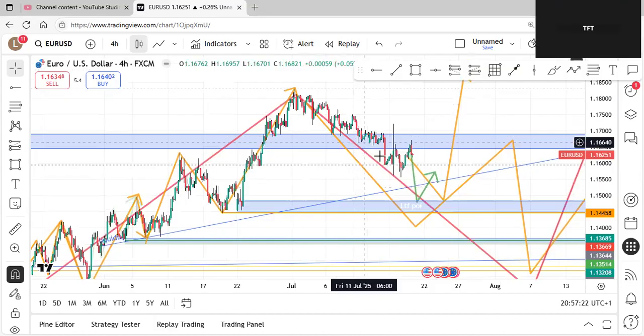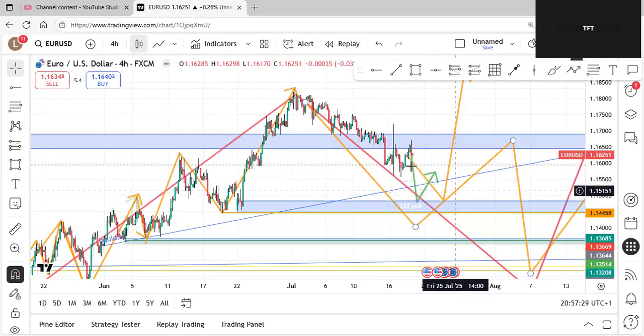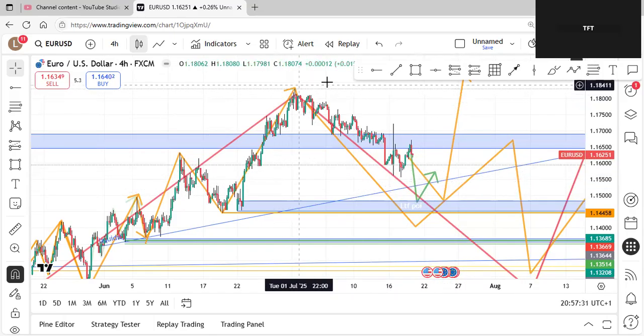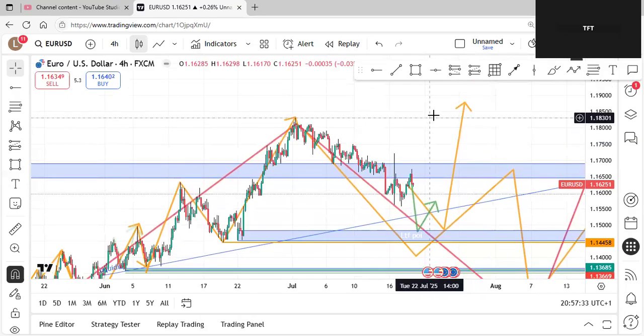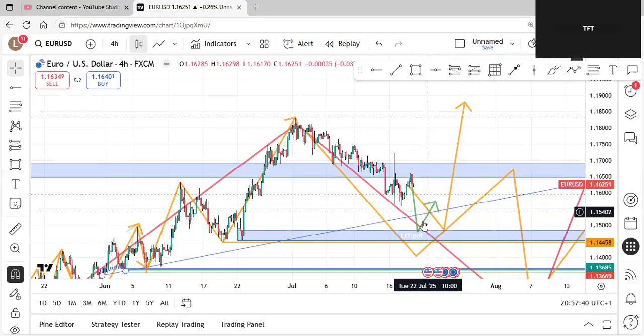At the minute, I'm only anticipating that once we get the break to the upside on the 1 minute, we would then very likely get the 15-minute continuation structure as well. Because the 1 minute makes up the 15 and the 15 makes up the 4, I want the 1 to change first.